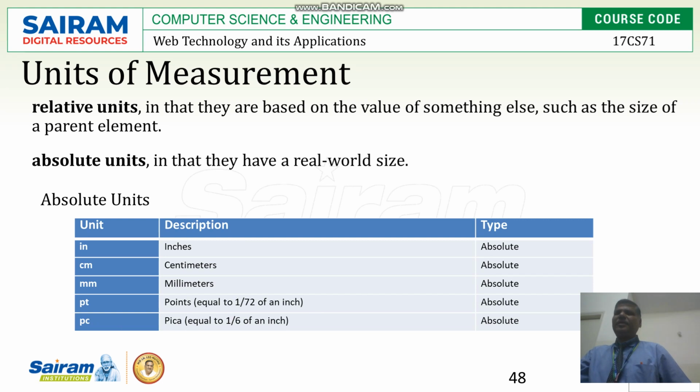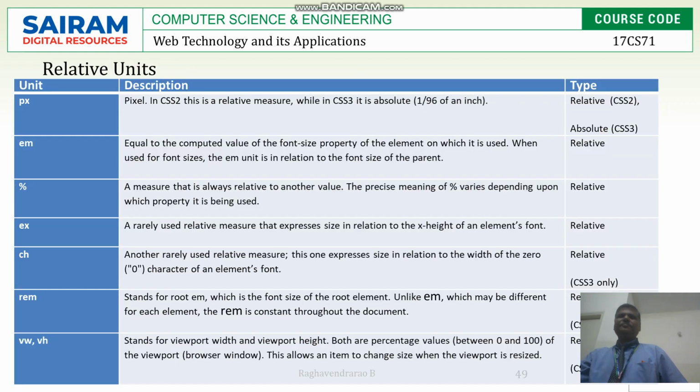Then px, em, and so many things are there. Em is equal to the computed value of the font size property. When used for font sizes, you can use em, which is relative to the font size of the parent.